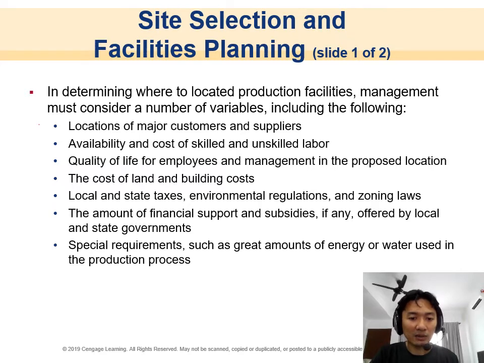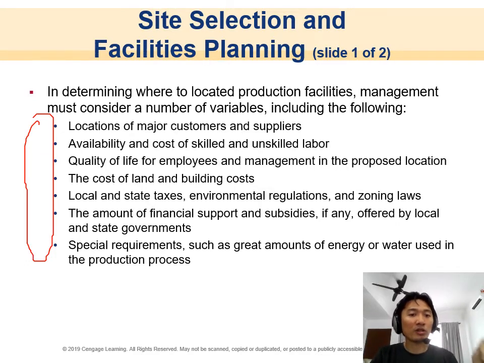These are the things that they would have to consider: the locations of major customers and suppliers, the availability and cost of skilled and unskilled labor, the quality of life for employees and management inside the proposed location, the cost of land, the cost of construction to build the new facility or factory, the local and state taxes, environmental regulation, zoning laws, and also the amount of financial support or subsidies offered by the government or local government.